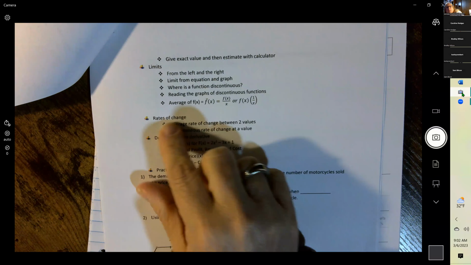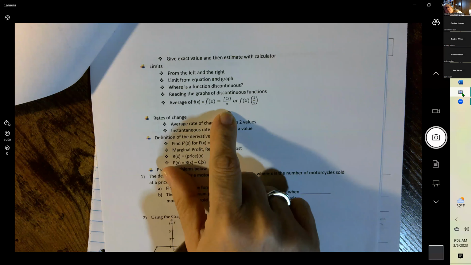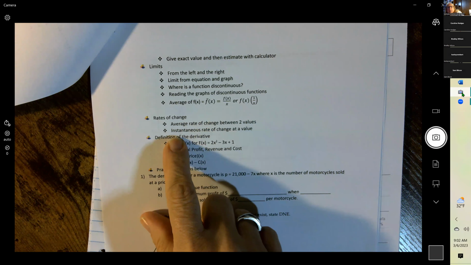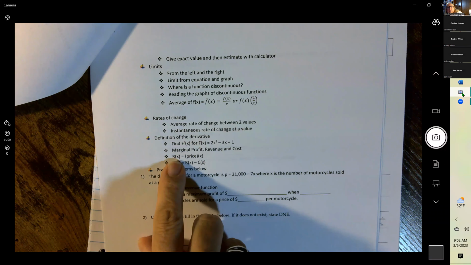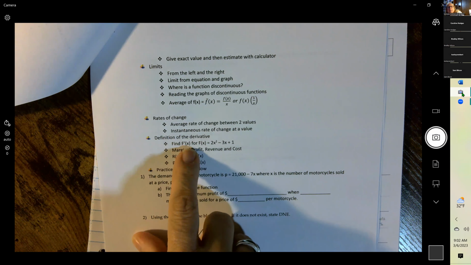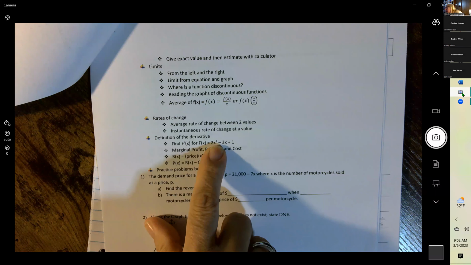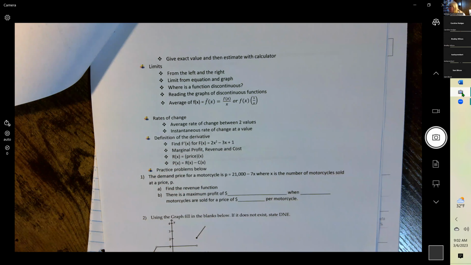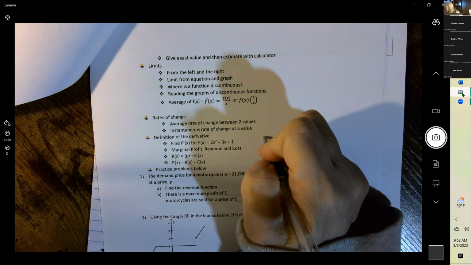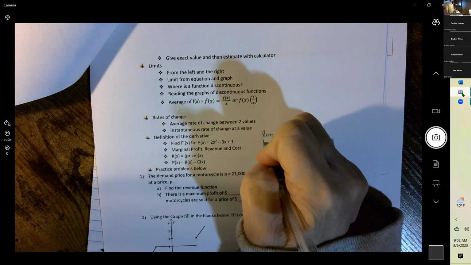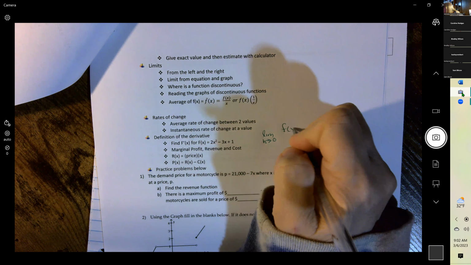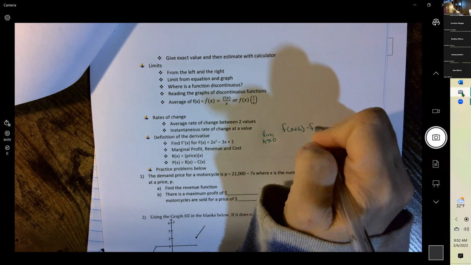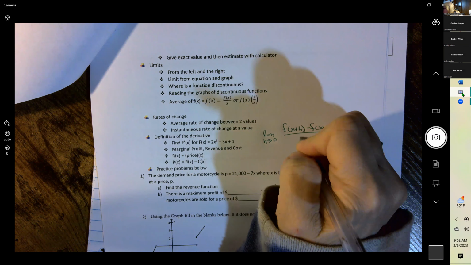This formula here, we'll do a problem like this today. The average cost function, you divide it by X, and then I think we find a limit to infinity. The definition of the derivative is the limit as h approaches 0 of f of x plus h minus f of x, all over h.